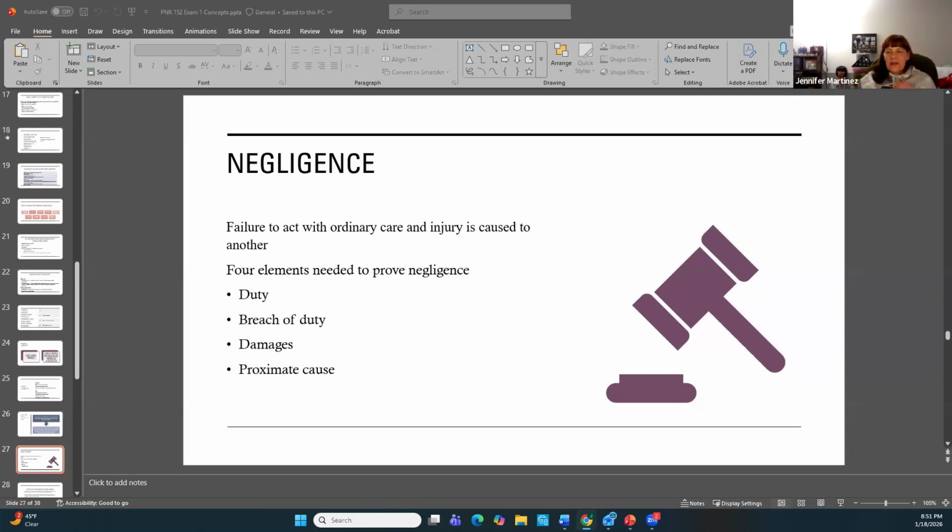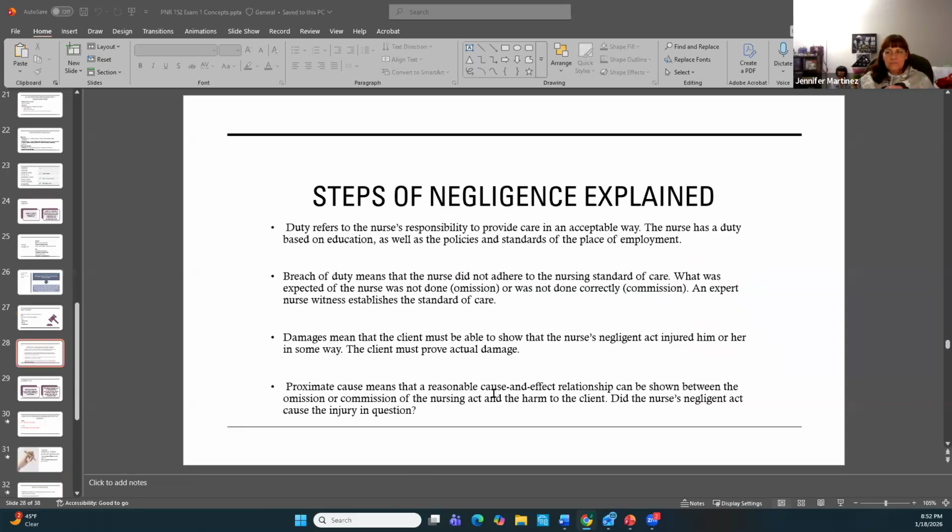A common type of negligence is going to be your personal injury. Okay. There are four elements that are needed to prove negligence. Those four elements are duty, breach of duty, damages, and proximate cause.